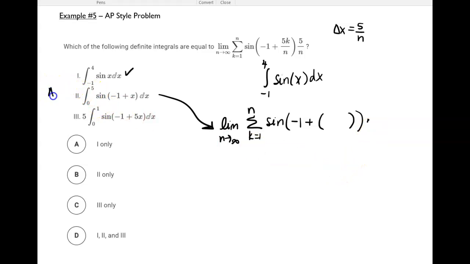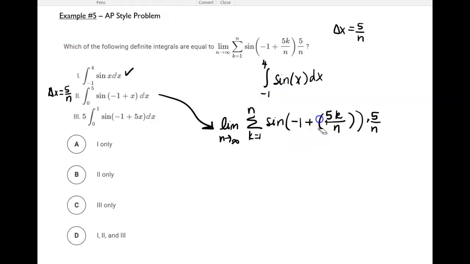So our delta x is still 5 over n. And then we have 5k over n in place of our x. Or sorry, technically I'd have 0 plus 5k over n there, but that is the same thing as 5k over n.